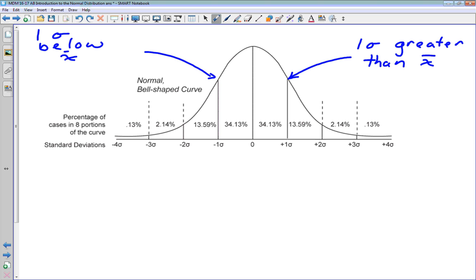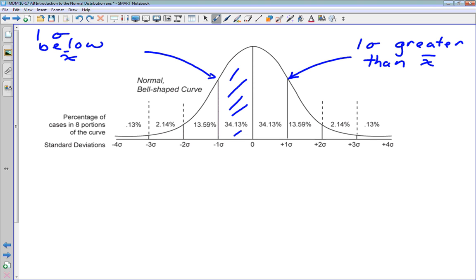How much is that actually? Well, we don't know because the value of sigma is going to be different for different normal distributions. What these numbers inside here are telling us is that this 34.13% means that in this region, right in here, 34.13% of our data is contained in that area of the graph. Okay? And that is true of any normal distribution that you have.